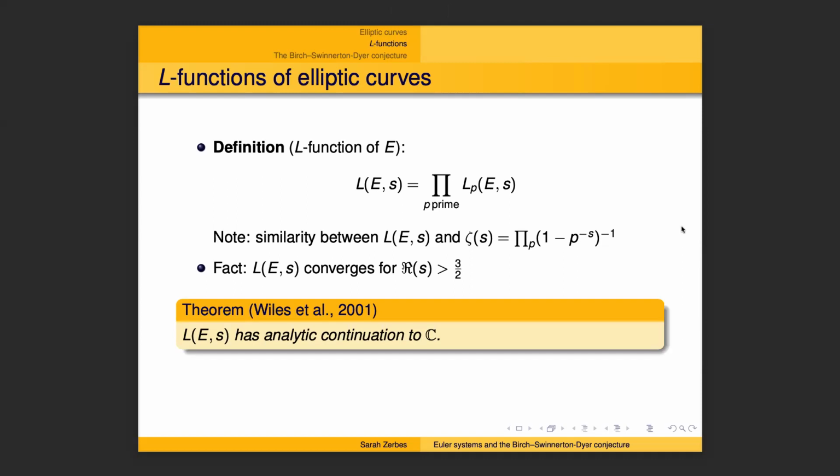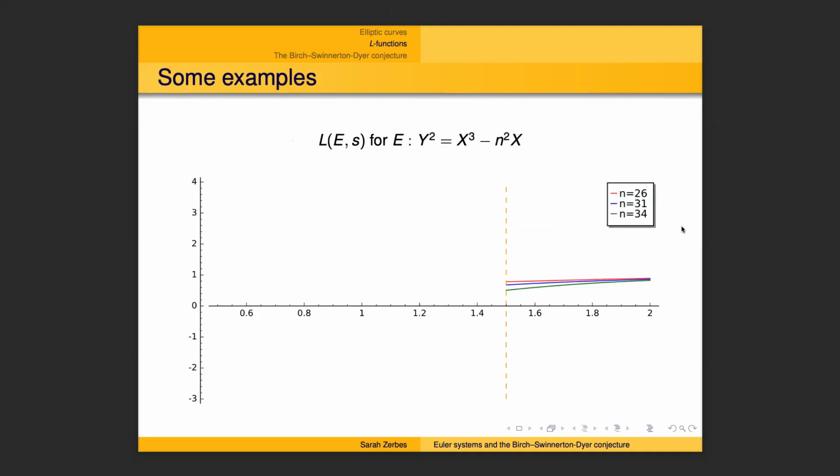Okay, now we remember our expectation. If the rank of the elliptic curve is large, then the L function should be small when the value of S is small. We will look at some examples. Here we look again at the elliptic curves coming from the congruent number problem, in the case when n is 26, 31, and 34.